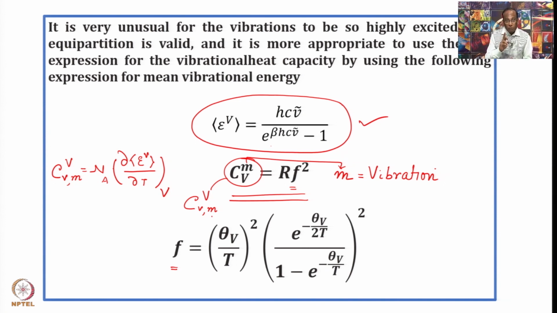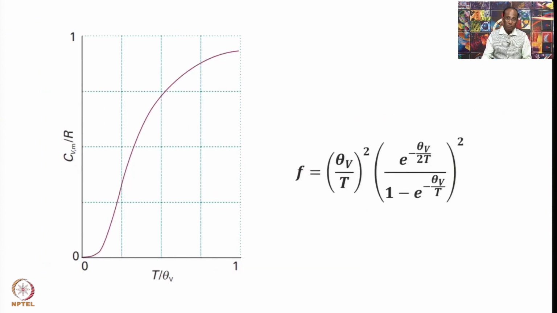What is the equipartition number? Equipartition number is complete kT, mean vibrational energy. If it is complete kT, that means the full value of CVM is going to be R. Here also in this case, if you plot CVM by R versus T, when the temperature is close to 0, there is no vibration.